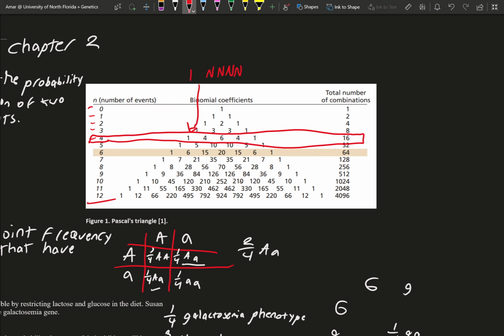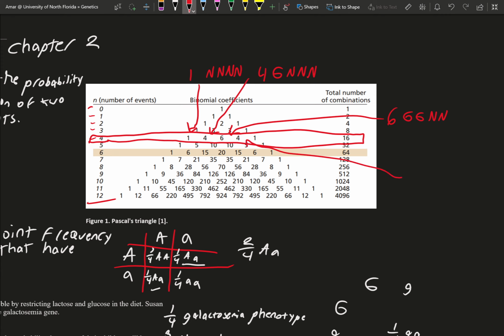This 4 over here, on the other hand, means that you have 4 different possibilities where you can have galactosemia, normal, normal, normal, and so on and so forth. This one over here, the 6, basically means you have 6 possibilities where you can have 2 galactosemic children and 2 normal children. And then so on and so forth.